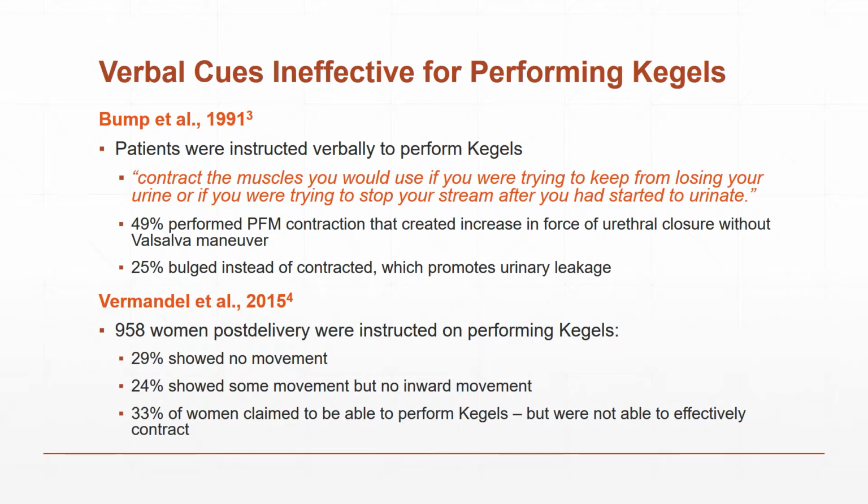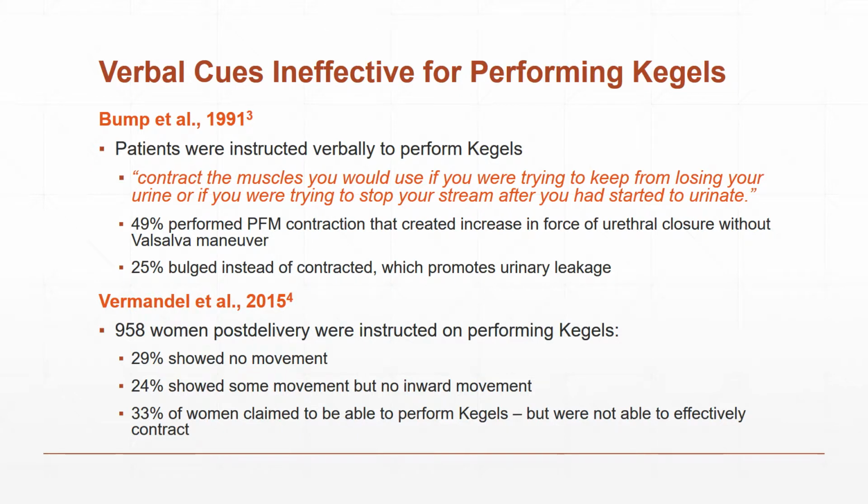These two studies pretty much sum up the fact that verbal cues can be ineffective for instructing patients to perform Kegels. Bump et al. gave the instructions: contract the muscles you would use if you were trying to keep from losing your urine, or if you were trying to stop your stream after you started to urinate.